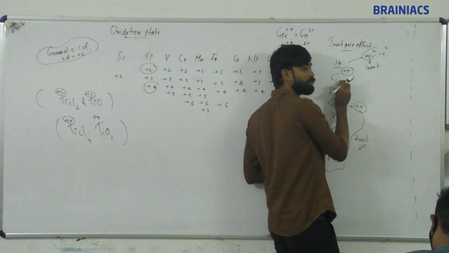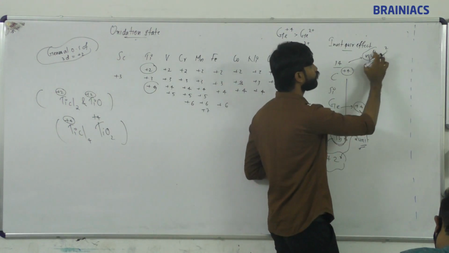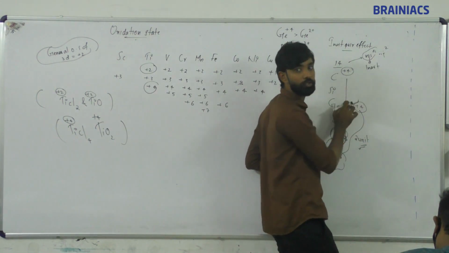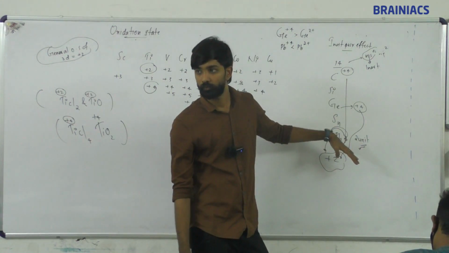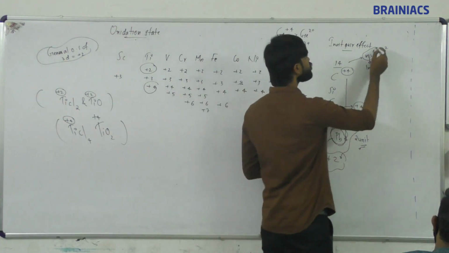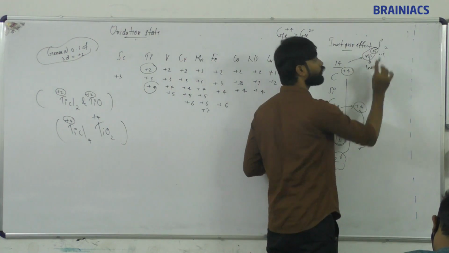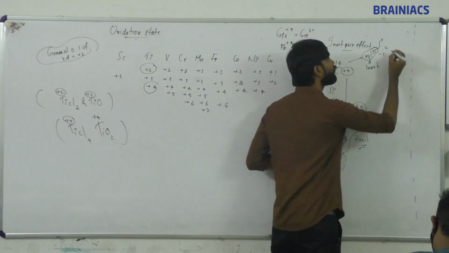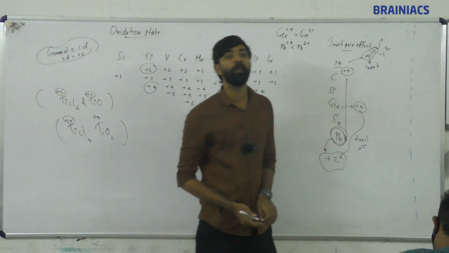For carbon, or the top member, all these electrons are available, so they can show +4. But on moving down, due to the screening effect, these two electrons are screened and not available for bonding, so they readily show +2, and that is said to be the inert pair effect.